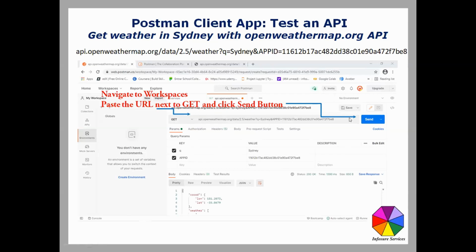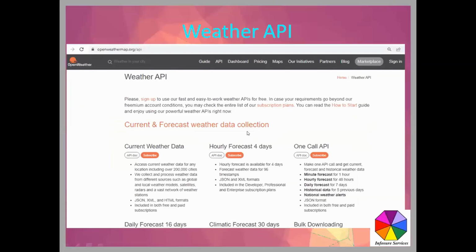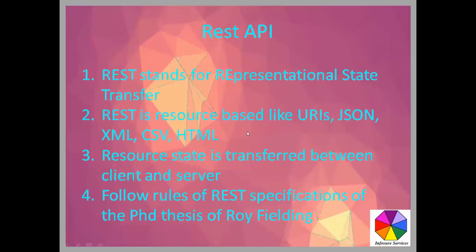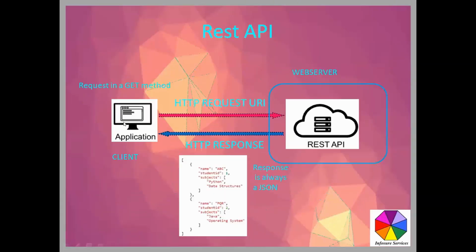This HTTP request goes across from here to the web server, that is the Open Weather Map API server. The API server receives the call, and the HTTP response is built up and sent back to the client. Is this clear?